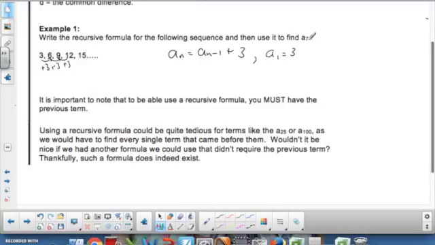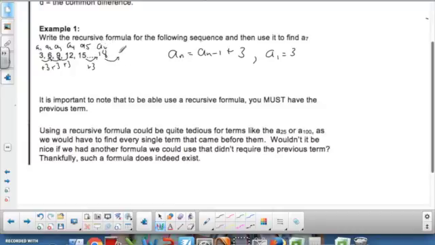Now, it wants us to find a sub 7. This is a sub 1, a sub 2, a sub 3, a sub 4, and a sub 5. So if I'm going to go to a sub 7, then I need to say plus 3, which gives me 18, and that's a sub 6.